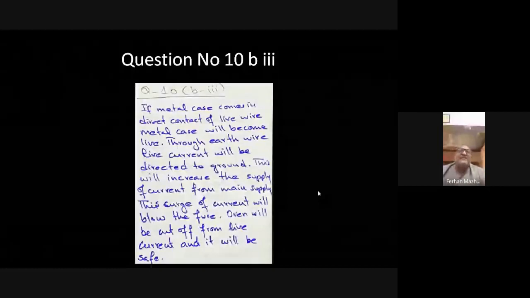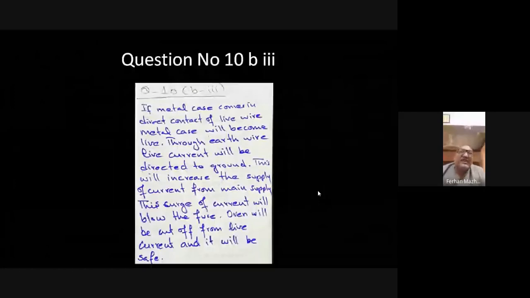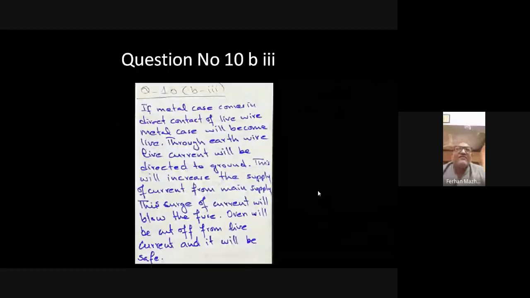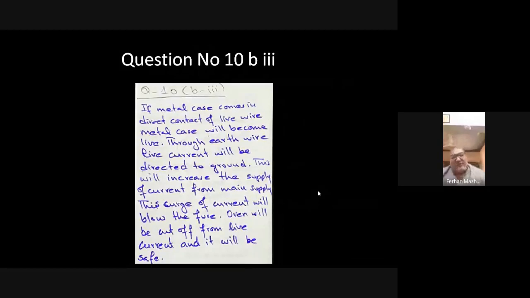Through earth wire, live current will be directed to the ground. This will increase the supply of current from main supply. This surge of current will blow the fuse. Oven will be cut off from the live current, and it will be safe to touch and repair, and there will be no danger of the electrocution. You can write this answer.